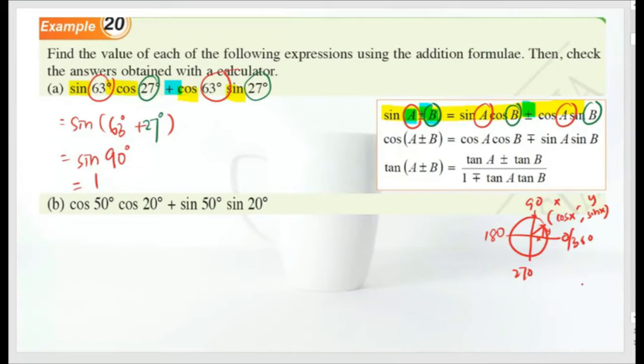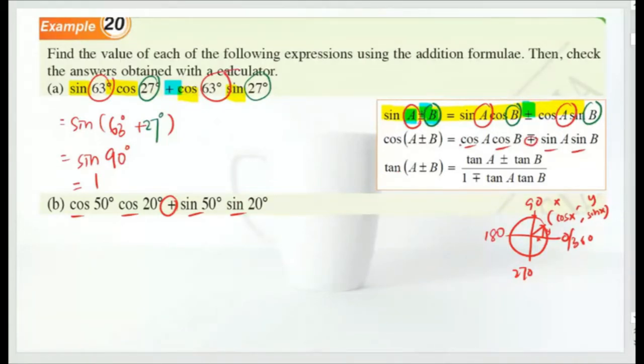Okay, now we look at B. Cos plus sine, you see this? We have to find which formula using cos, sine. Here is plus, right?